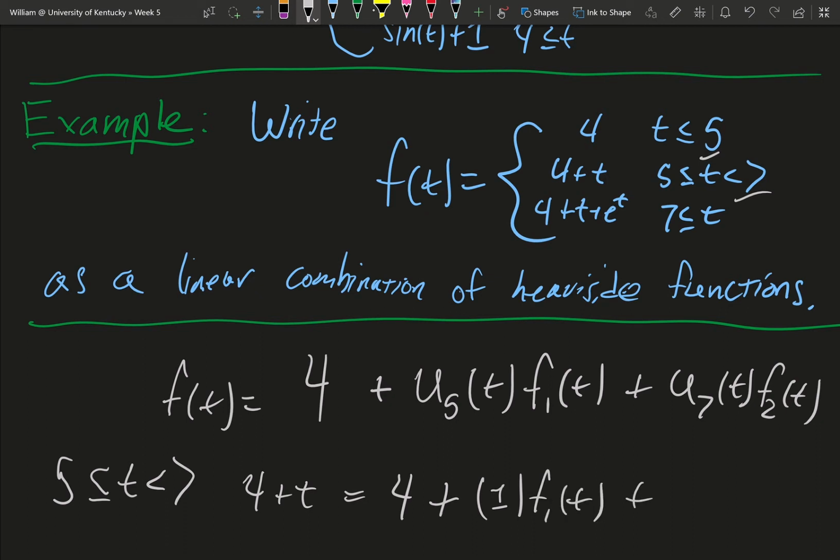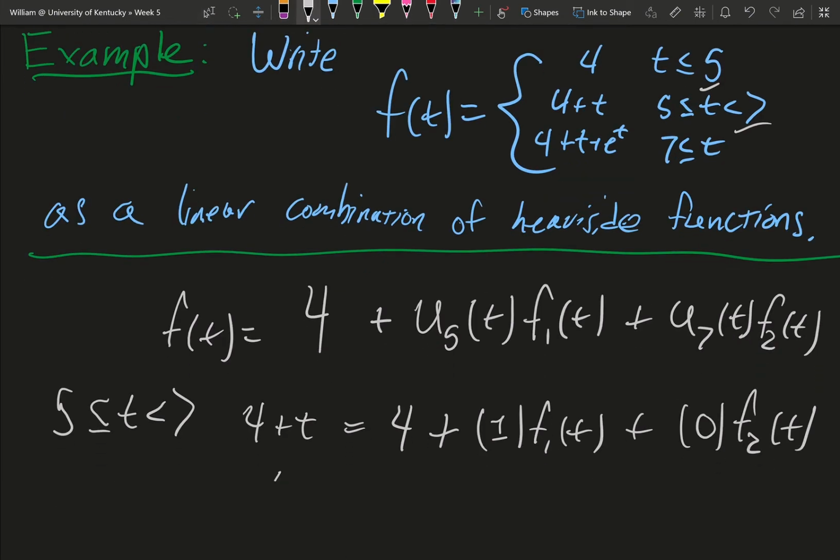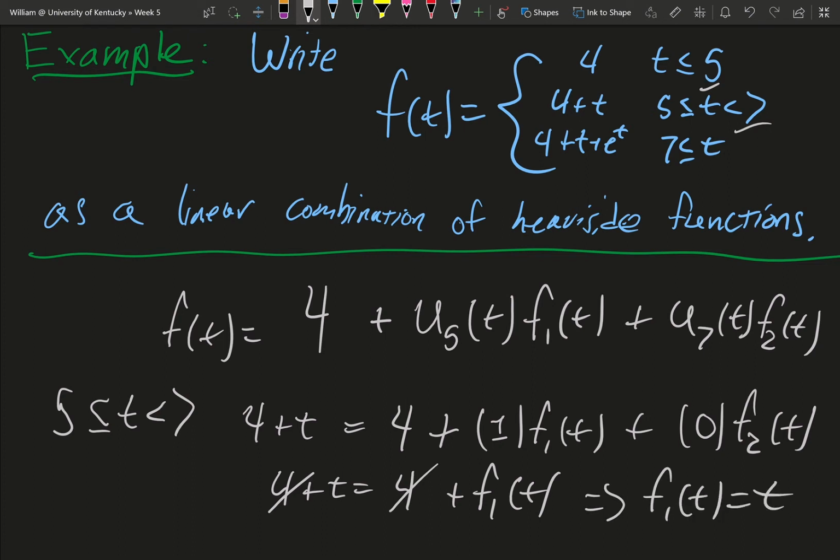But we're still less than 7, so this is still going to be a 0. And so what we get is 4 plus t equals 4 plus some function which I called f1 of t. I can see then that f1 of t is just the function t.